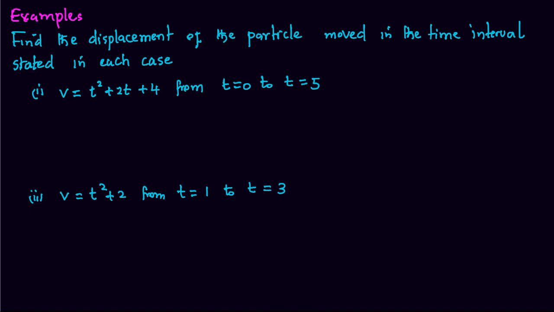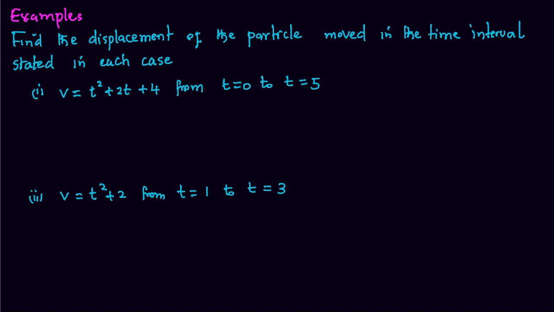So we want to look at an example that applies the knowledge we have learned. Find the displacement of the particle moved in the time interval stated in each case. So we have v is equal to t squared plus 2t plus 4 from t equals 0 to t equals 5.